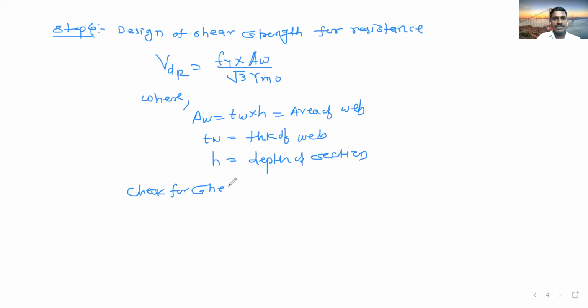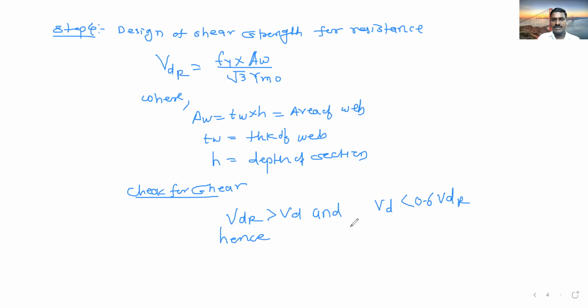So check for shear: VDR should be greater than VD. Whatever VD we have calculated in step number 1, that VD should be less than this VDR. It means VDR should be greater than VD, and VD less than 0.6 VDR.